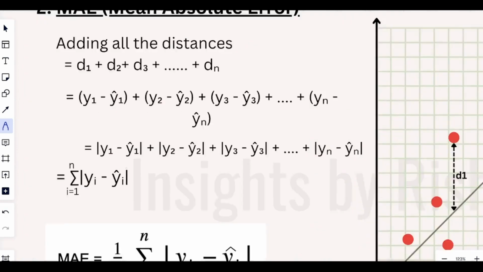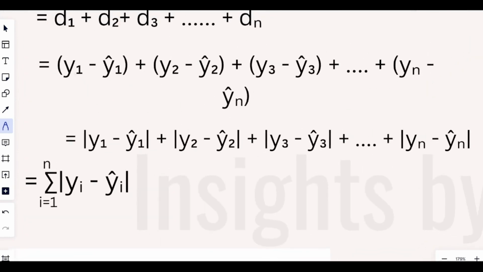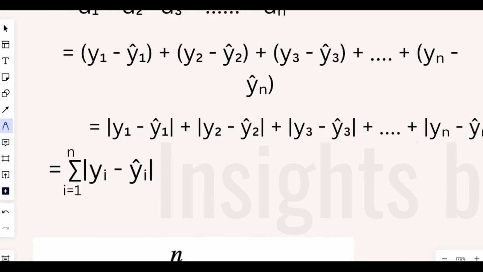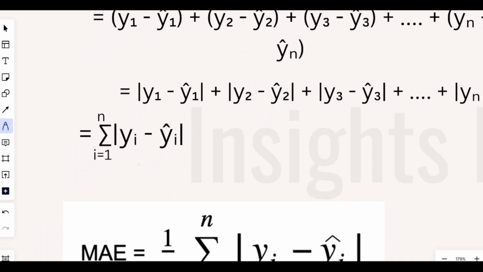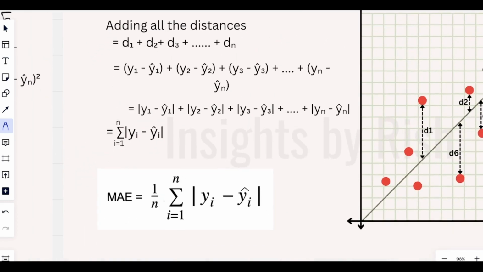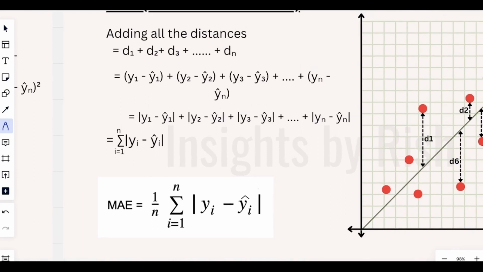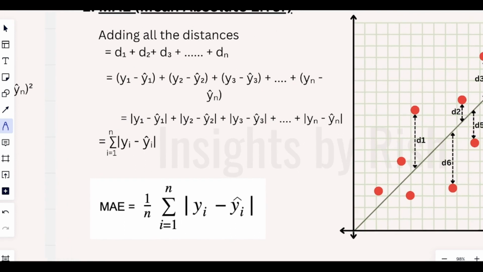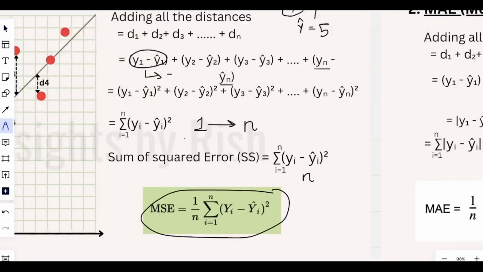Then the whole equation is the same up to the nth element. You take the generalized form and divide the whole equation by the total number of data points, n, and you get your mean absolute error. Only difference is here you have modulus and there you have square.